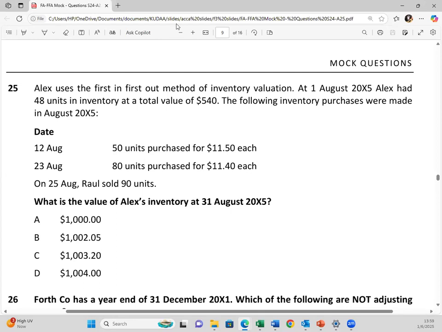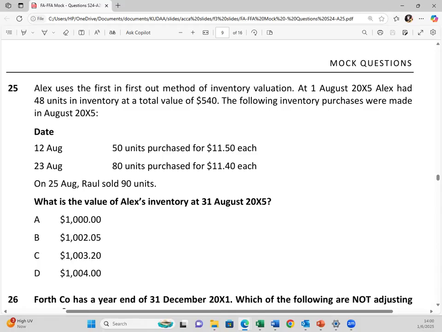For the value of inventory, we are told they are using FIFO. Remember, FIFO is first in, first out. To calculate the value of inventory, the assumption is the units that we bought first are the ones that we sold first as well.